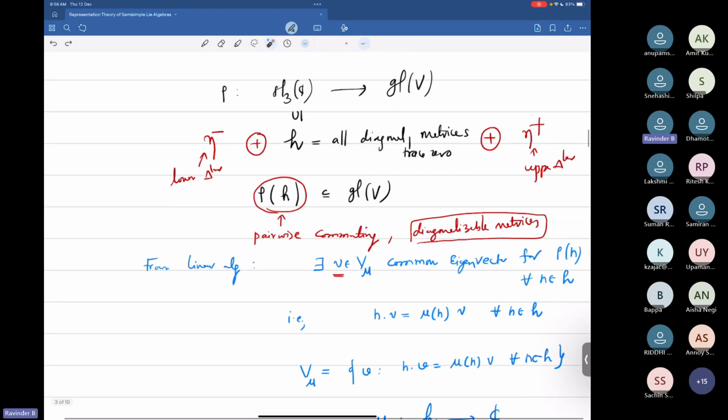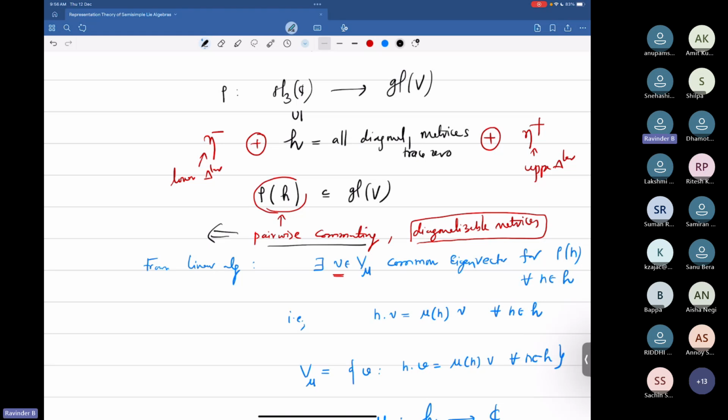So the collection rho of H should also consist of diagonalizable matrices. Once you have diagonalizable matrices, not only does one eigenvector exist, much more happens. Because they are diagonalizable and pairwise commuting, they simultaneously diagonalize.